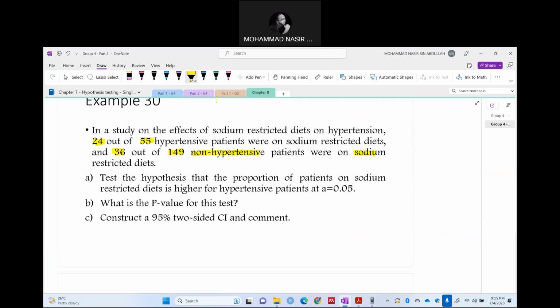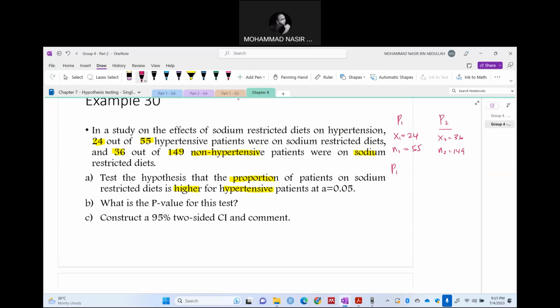We want to test the hypothesis that the proportion of patients on sodium restricted diet is higher for hypertensive patients. So for proportion 1, x1 equals 24 and n1 equals 55. Proportion number 2, x2 equals 36 and n2 equals 149.